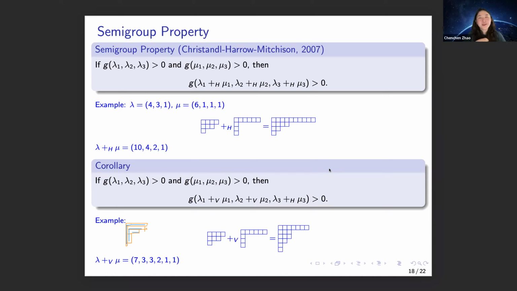Oh, I think that will change everything. And if you just want to add a specific box, if we do the Schur expansion, we multiply the Schur function by S1 and expand it, we are going to get a sum of several terms. Okay, yeah, thank you.